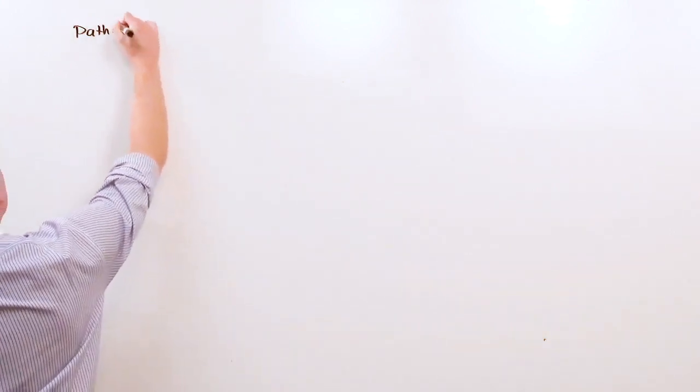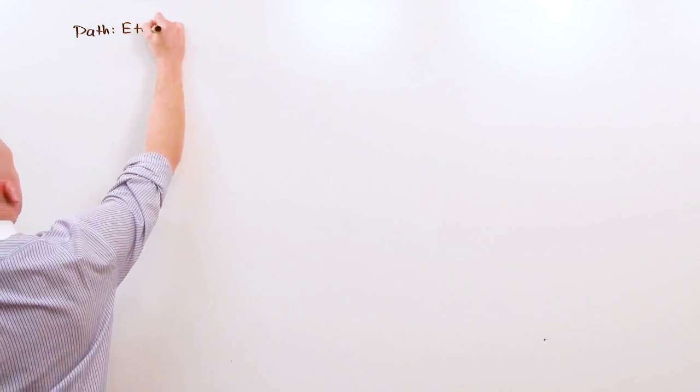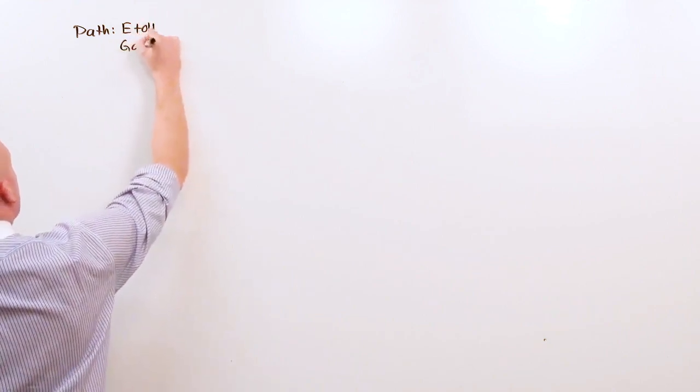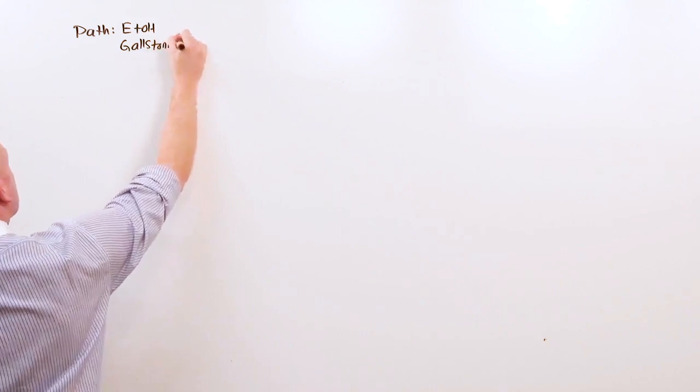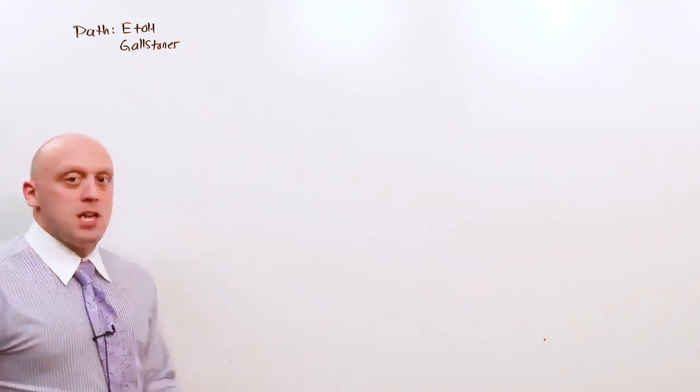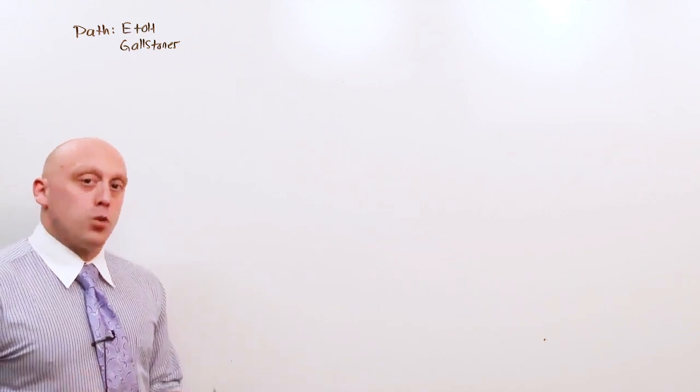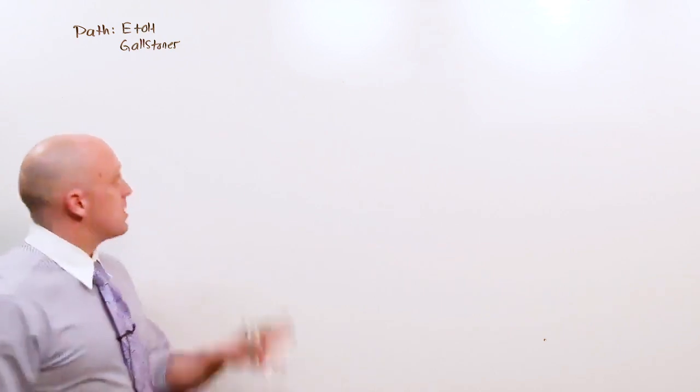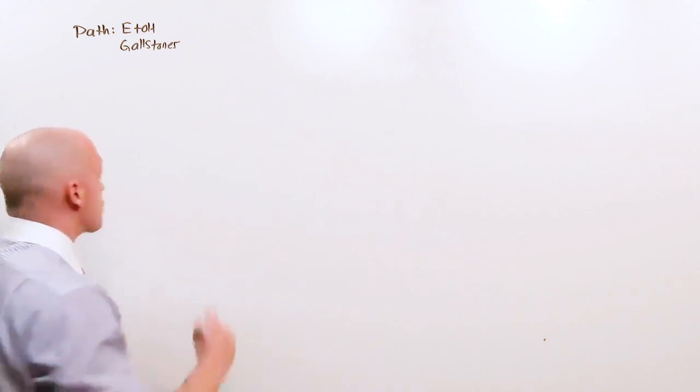So how does that happen? Well, pancreatitis in the United States is generally caused by two things: alcohol and gallstones. Yes, the list of things that can cause pancreatitis is quite long, but where you should go right off the bat is alcohol or gallstones.